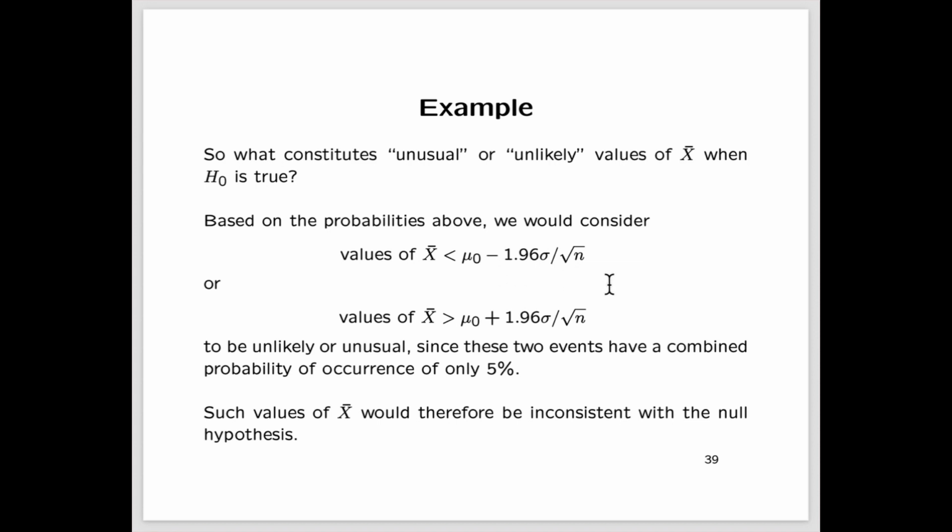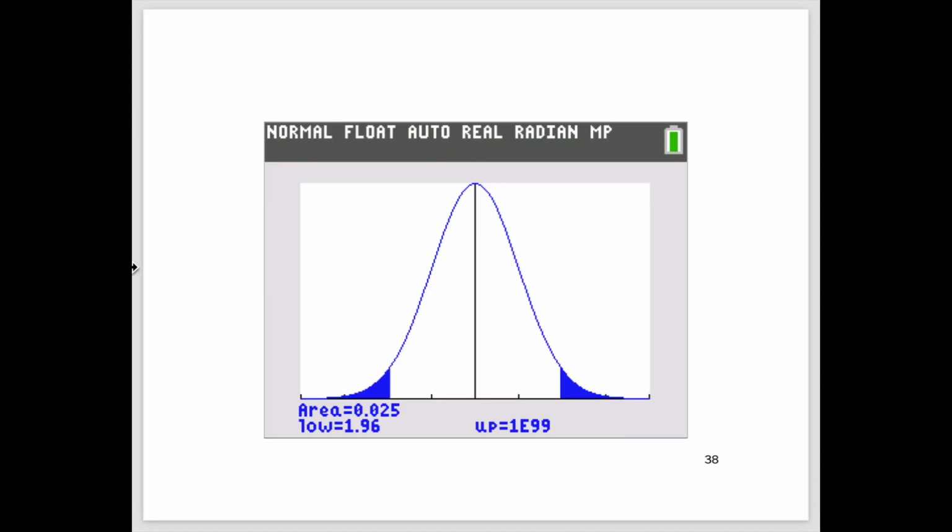These are the values of X bar that we would consider to be unlikely or unusual if the null hypothesis is true, because these two events have a combined probability of occurrence of only 5%. And again, that is what's represented by these shaded regions here.